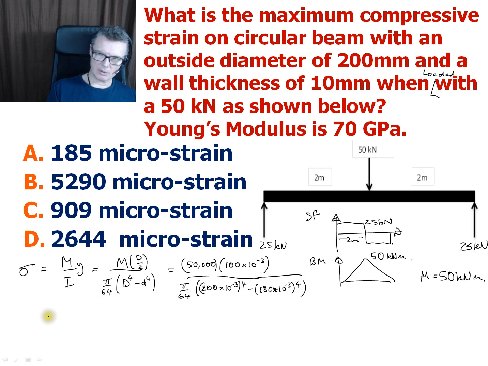Right, so all that pretty lot into my calculator: 50,000 times 100, divided by pi, divided by 64, times open bracket 200 times 10 to the power minus 3 raised to the power 4, take away 180 times 10 to the power minus 3 raised to the power 4, close my bracket.